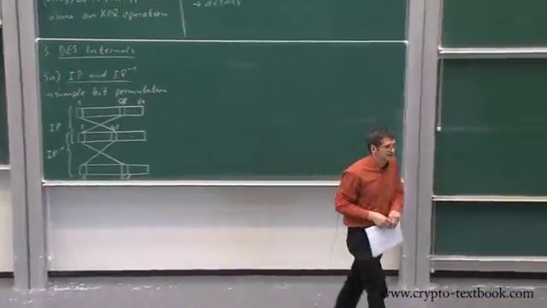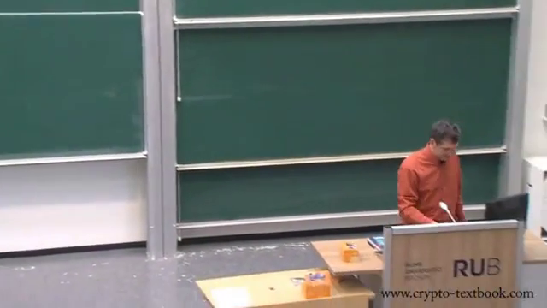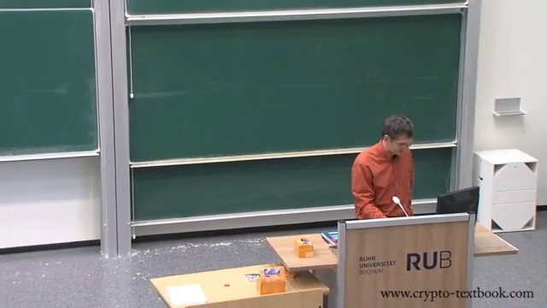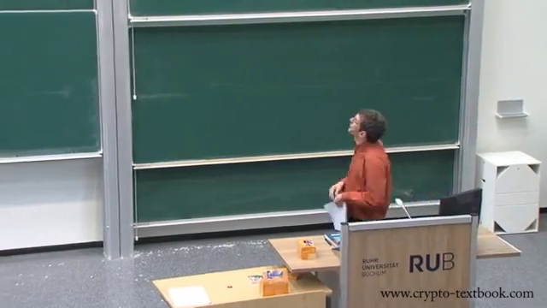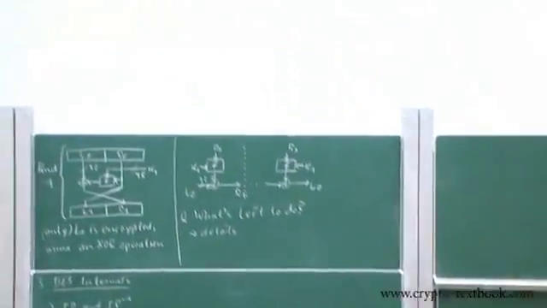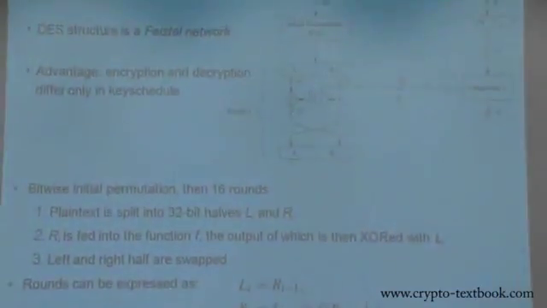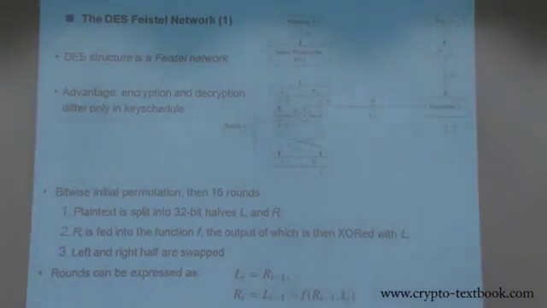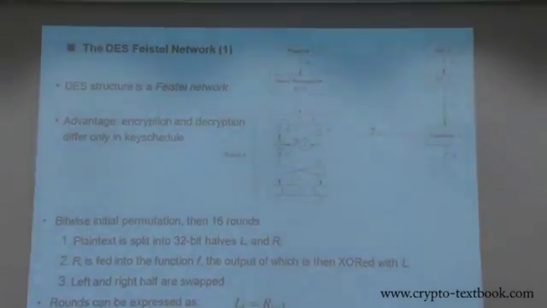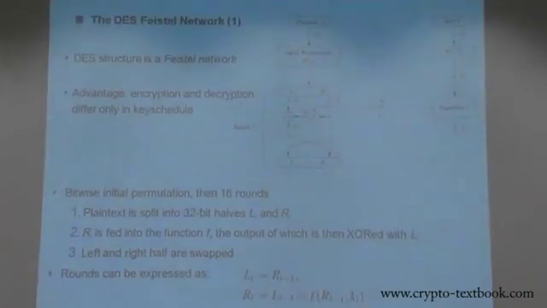Now if you look back, all the DES tables are written in that way here. Now the interesting thing is, if you look at one of these DES rounds, the big thing we have to address is how one DES round works.